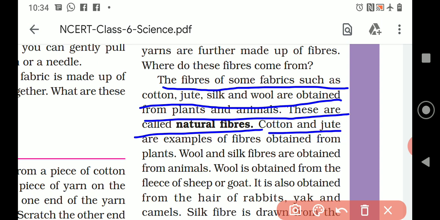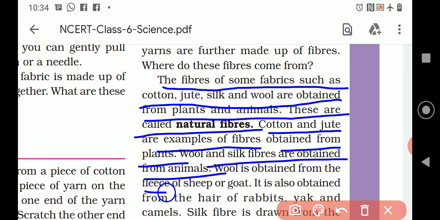Cotton and jute are examples of fibers obtained from plants. Now wool and silk fibers are obtained from animals. Wool is obtained from the fleece of sheep or goat. It is also obtained from the hair of rabbits.